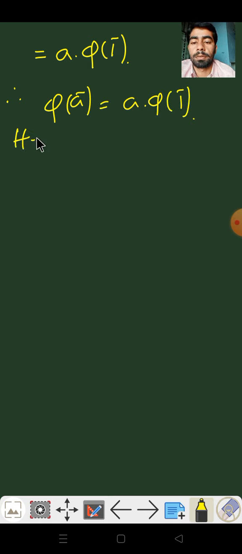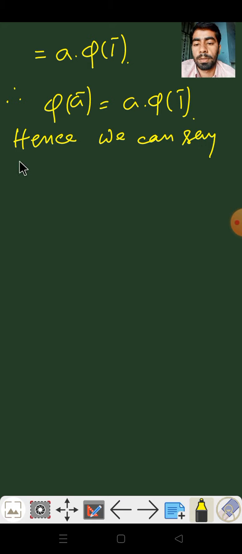Hence we can say that phi is completely known. We can define phi if we find phi of 1.